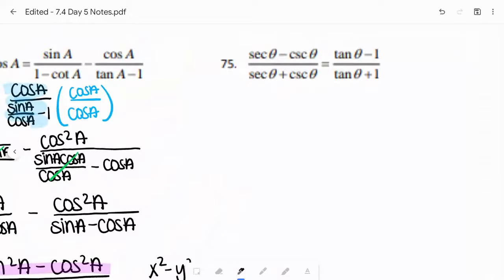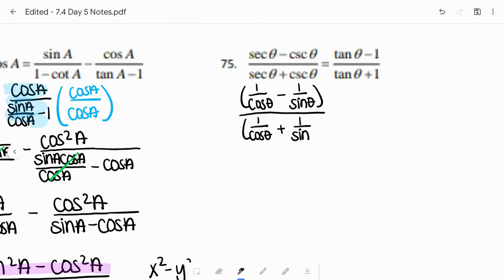Secant is the same thing as 1 over cosine. Cosecant is 1 over sine. And then the right-hand side I don't change. I know that's not sine or cosine, but that's what we're trying to prove, so we are going to leave it.